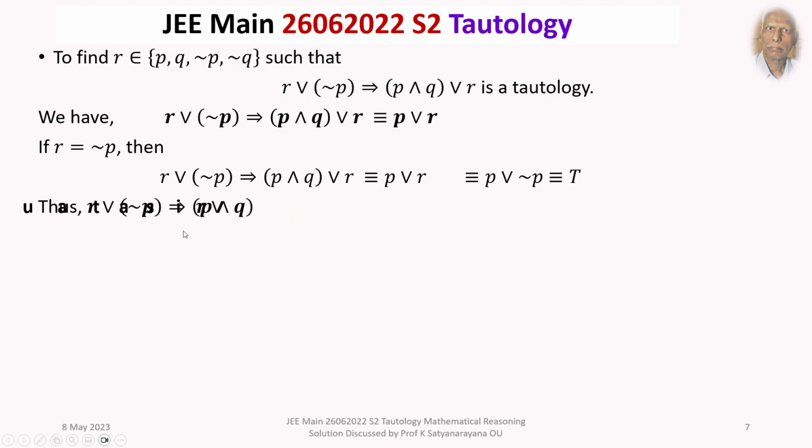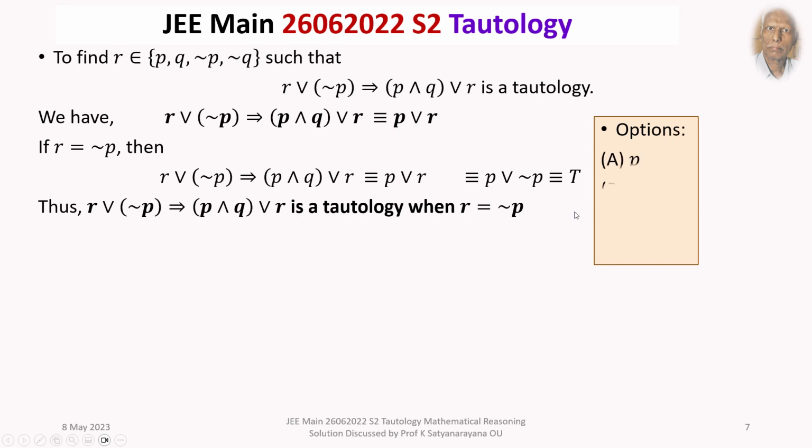So the given statement is a tautology when R is negation of P. So, looking at our options, our answer is negation of P. So, our answer to this question is option C.